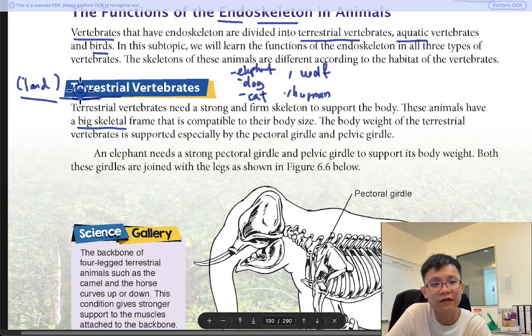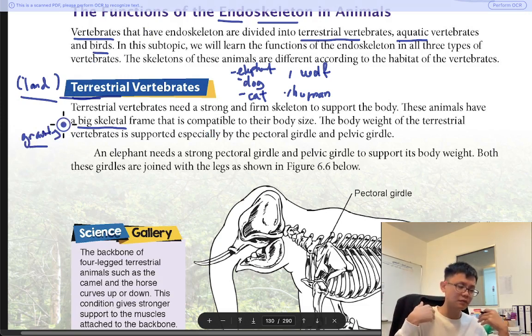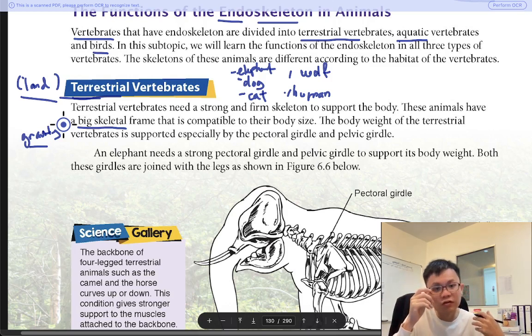We need to have a very strong bone because we need to fight with the gravity, because we need to stand, we need to walk, we need to eat, so the bone must be stronger.